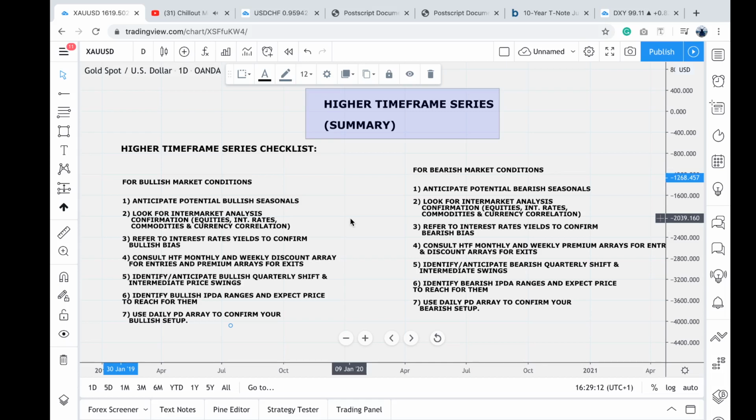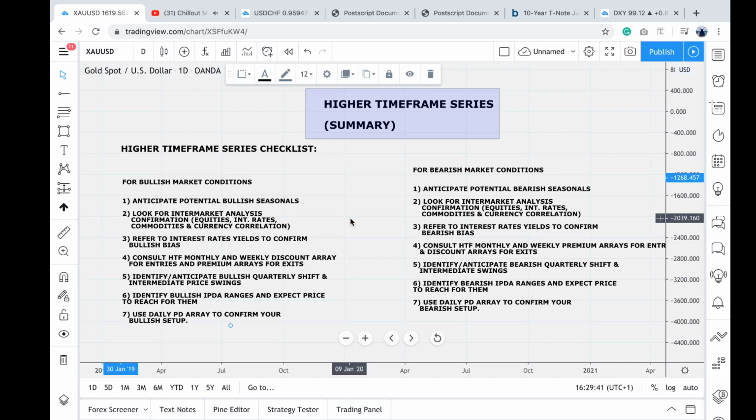So in identifying bullish signals or anticipating quarterly shifts in the marketplace, you have to be able to identify if an intermediate-term swing low or a long-term swing low has formed. That would be the indication of the market shifting from a bearish tone to a bullish tone, if you're looking for bullish market conditions.